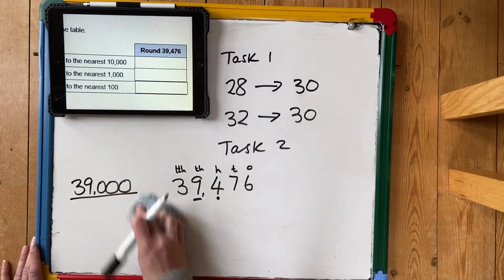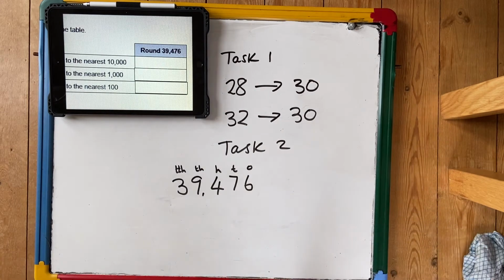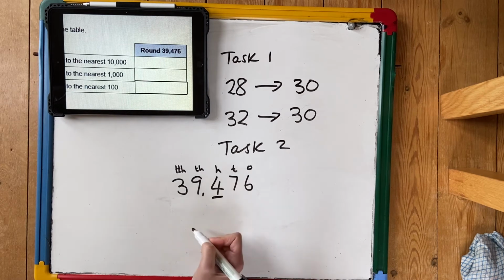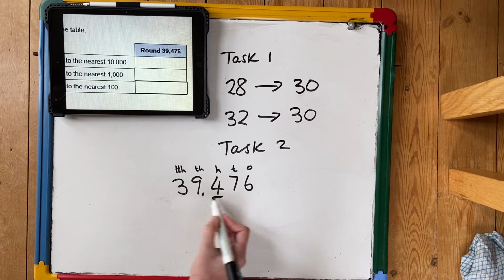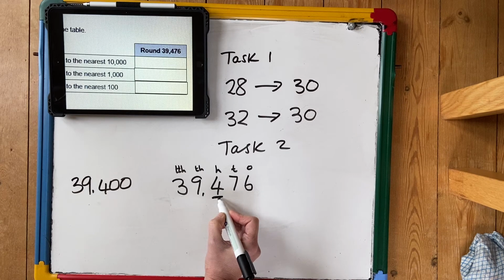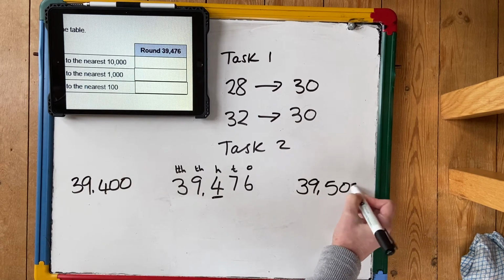The next one is using the same number, rounding to the nearest 100. So which digit is in the hundreds column, which is the 4? So are you going to round down to 39,400 or are you going to round up to 39,500?